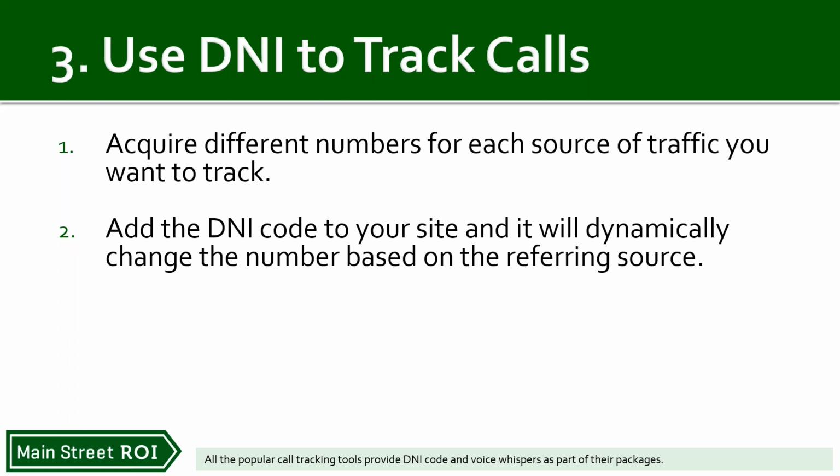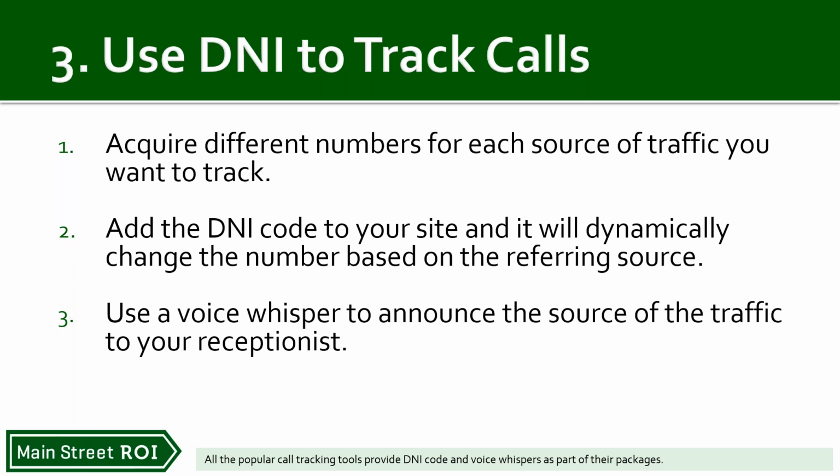And then once you get that on your site, the way it works is, again, if I came from email newsletter, I clicked on the link, the DNI code will dynamically change the phone number that's on the site. And when I call that number, you'll know that because I called the email phone number, that that's an email marketing phone call.